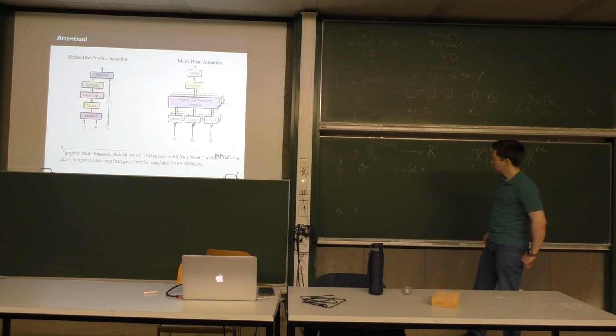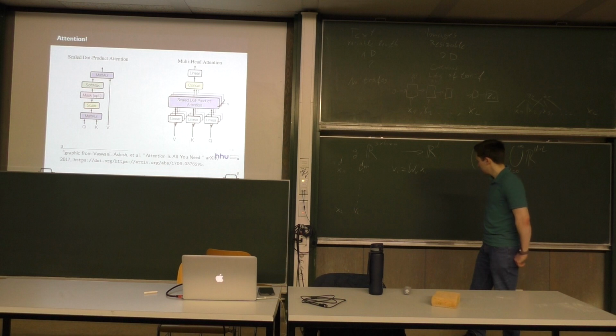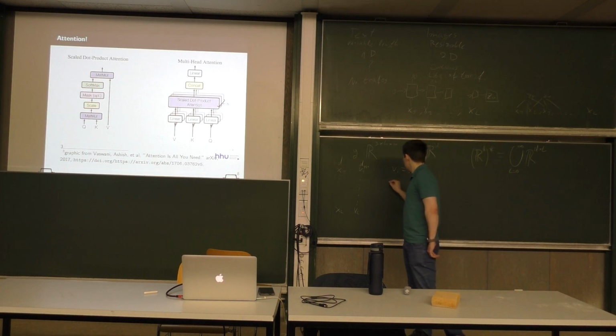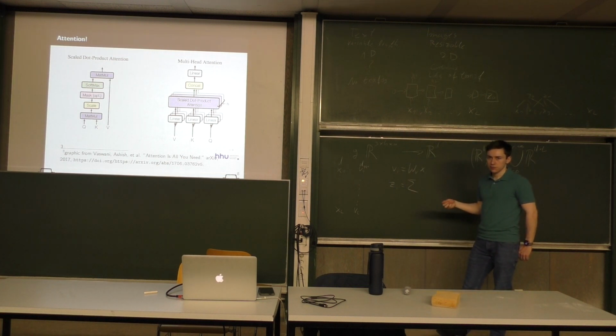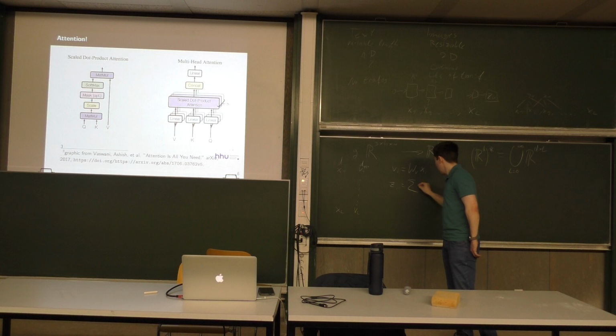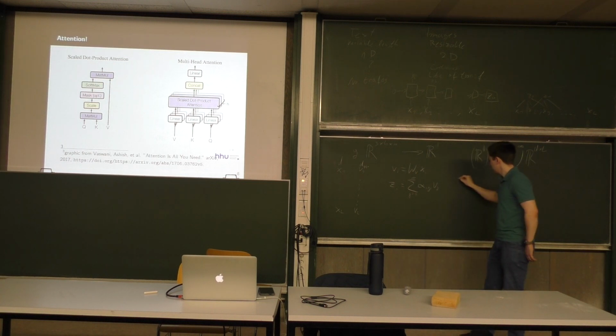Then you want to compute the output. So Zi as a weighted sum of the values of the other tokens. And let's call the weight alpha ij. And the weights should sum up to 1.